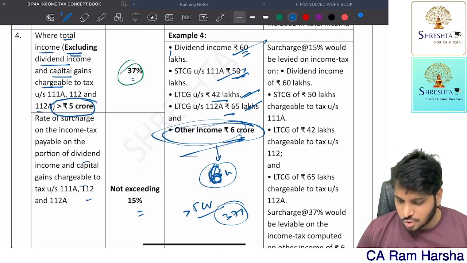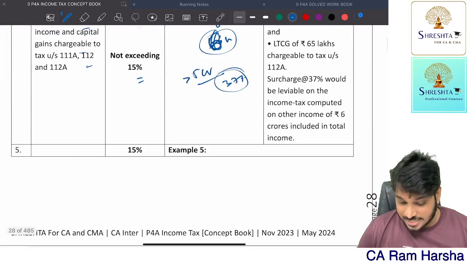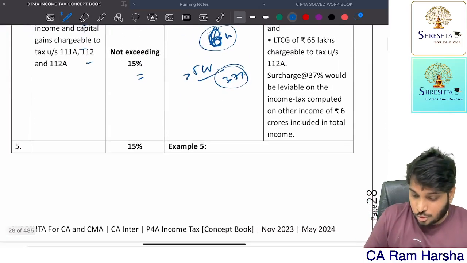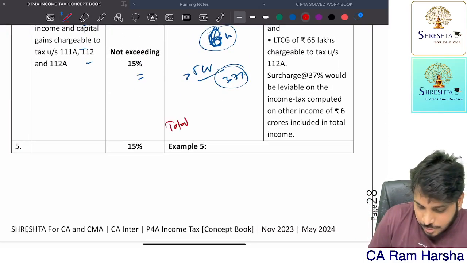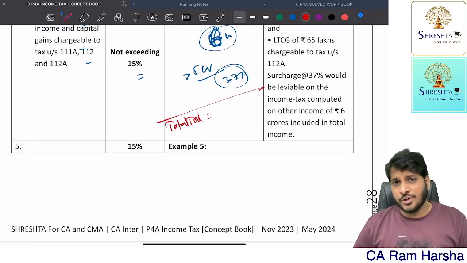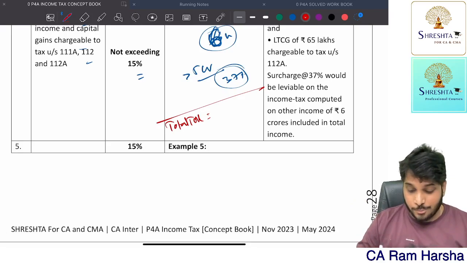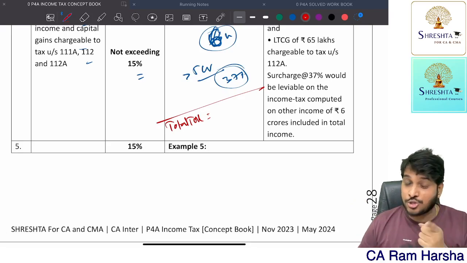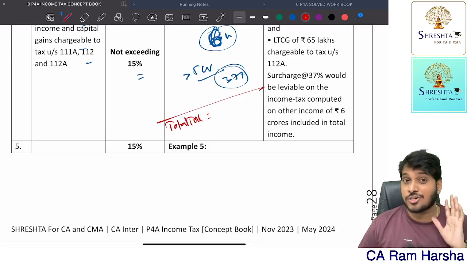Okay, so I will compute the tax and give you the answer here. What is the total tax? I will compute now. You also compute, pause the video. I will also pause my recording, compute and then give you the final figure. You should compute it.